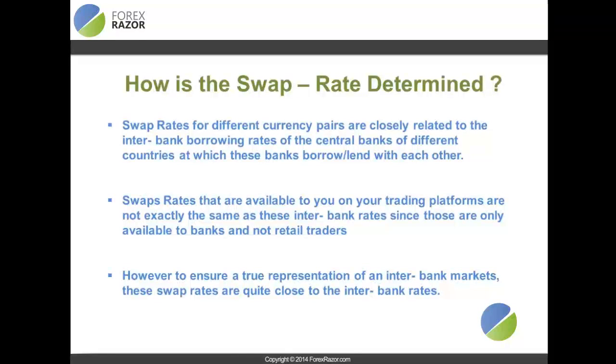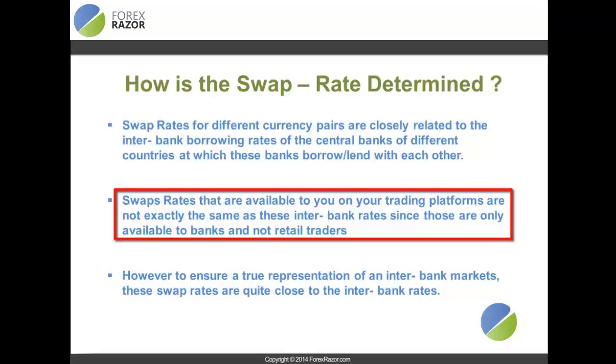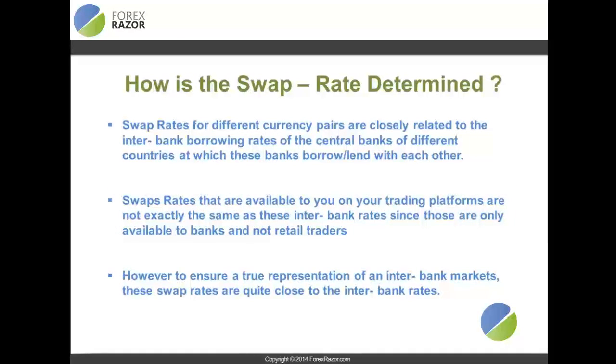Please note that these swap rates that you see on your trading platforms are not exactly the same as the interbank rates. Those interbank rates are slightly better as compared to the swap rates that you see on your platform. The interbank rates are only available to those big banks and not to retail traders like you and me. However, to ensure a true representation of an interbank market, these swap rates are very close to the interbank rates.